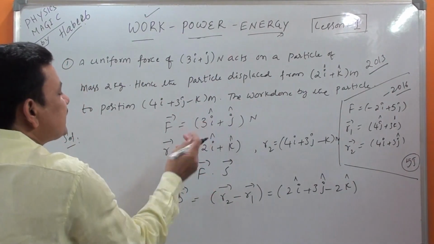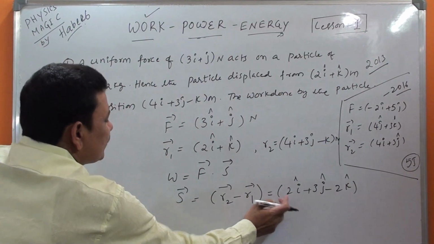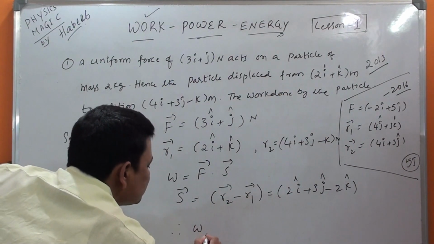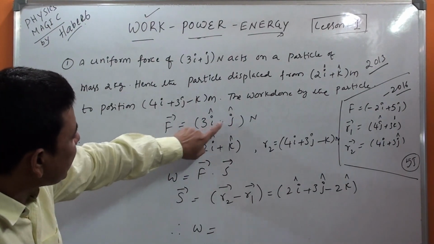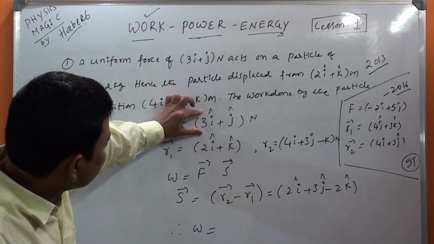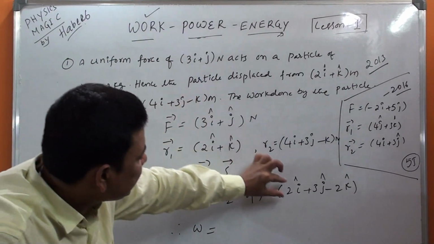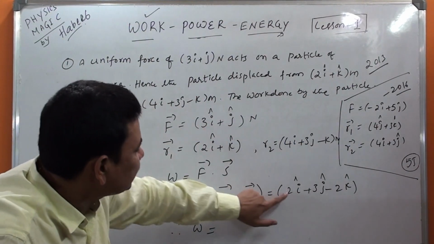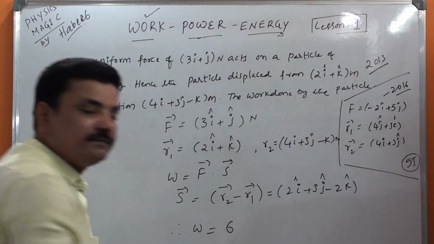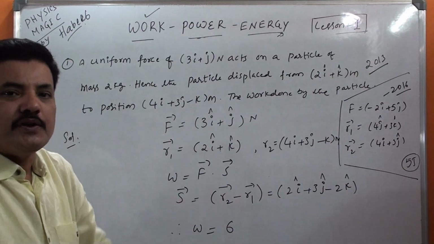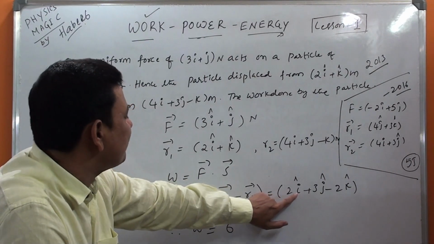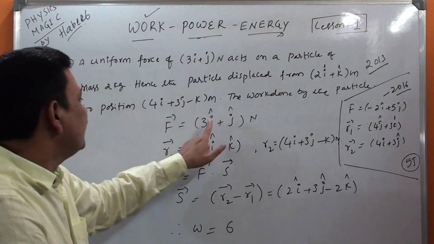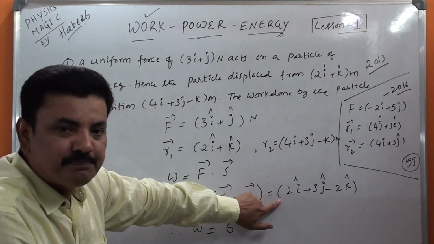Then F bar is given, and S bar we got this. Therefore work done is equal to F bar dot S bar. F bar means 3i plus j. So the i component of this one is 3 and here is 2. Then you know well, 3 twos are 6, because the dot product you already know well what you have to do. 3 into 2, whatever the i value here, just simply multiply.